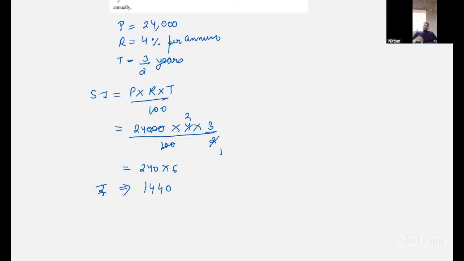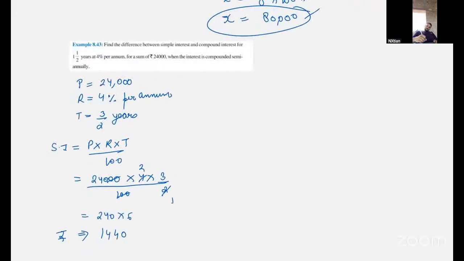Now we have to calculate the compound interest also. What is the formula for compound interest? A is equal to P into 1 plus R upon 100. Now in this, the rate will become half because it is per annum. Are you with me, guys? The rate will become how much? 2%.